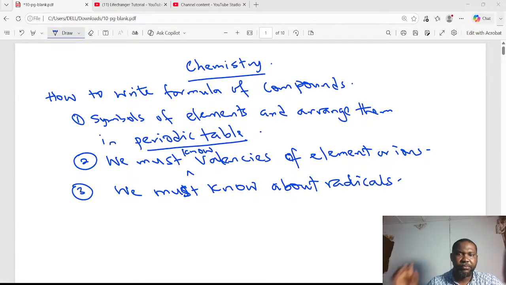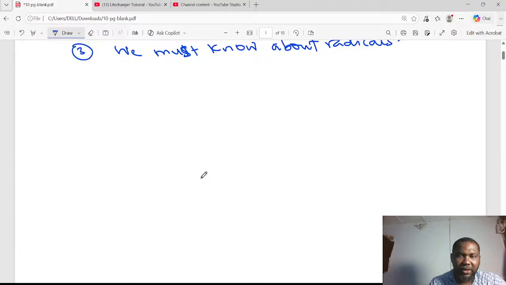Okay, so very good. Now let us start with how to write elements. I've shown you guys that before, but let's do it again.